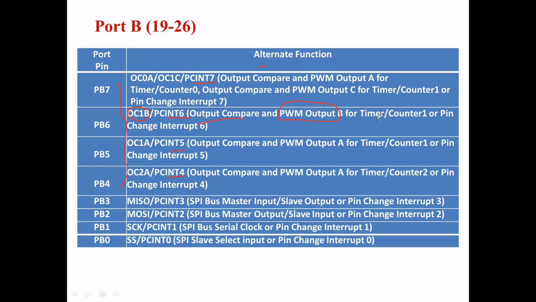While programming you will understand that you will have predefined data. When the timer reaches that value, this PWM output will be enabled or disabled. If it matches, it will be enabled. Then you run the timer for a long time, and once again when it matches, it will be disabled. In this way, it will generate pulse width modulation.